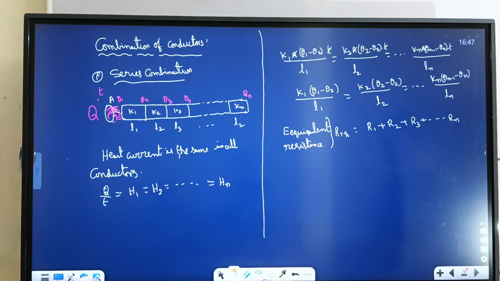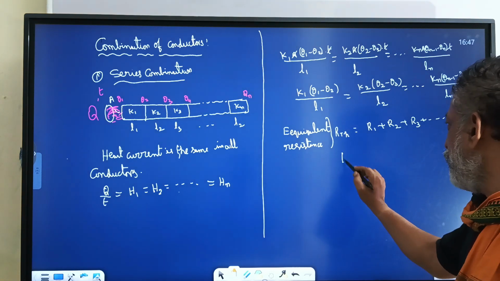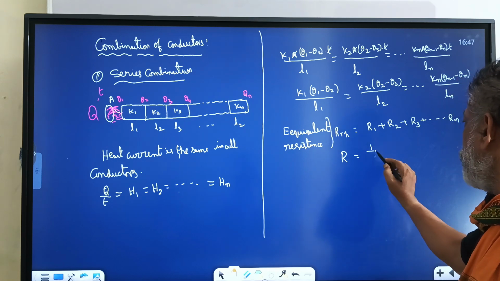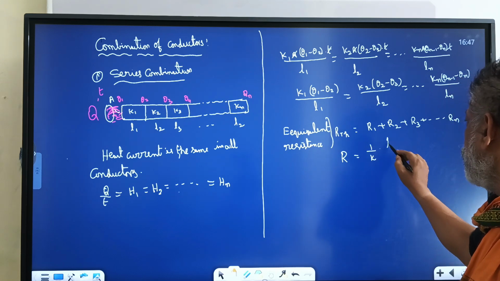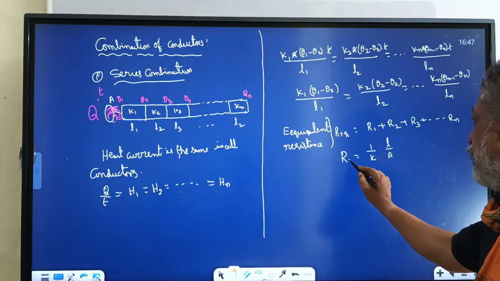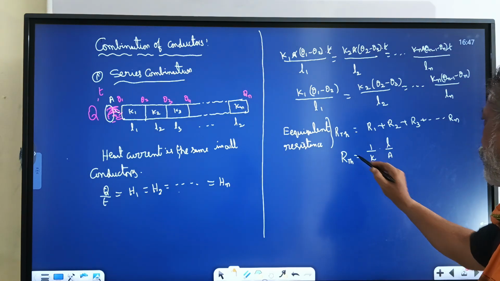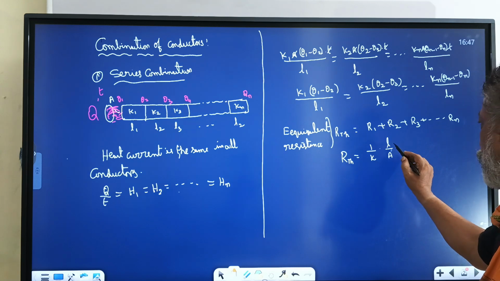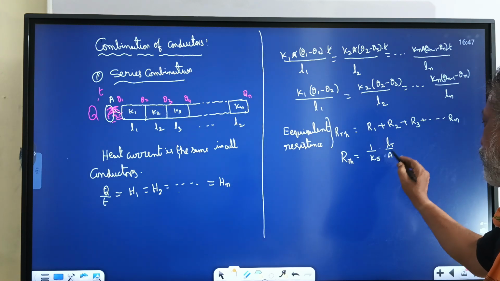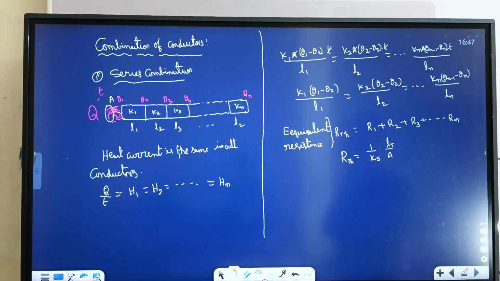Now for this, we know the thermal resistance formula: RTH is equal to 1 by K into L by A. Then I can take the total equivalent RTH, with total length L and area A, and conductivity Ks for the series.